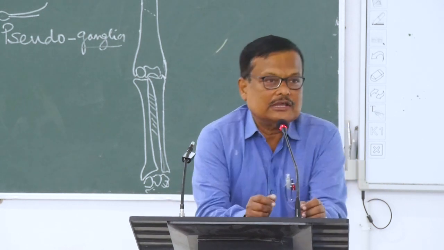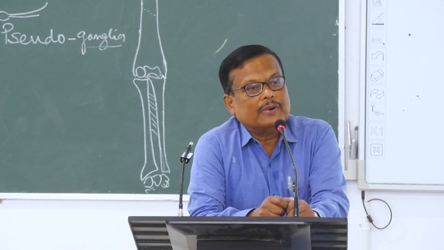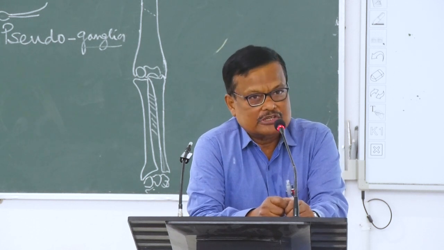Now you can ask, sir, you have told me that the ulnar nerve is a branch of the medial cord of the brachial plexus, right? The medial part of the brachial plexus.